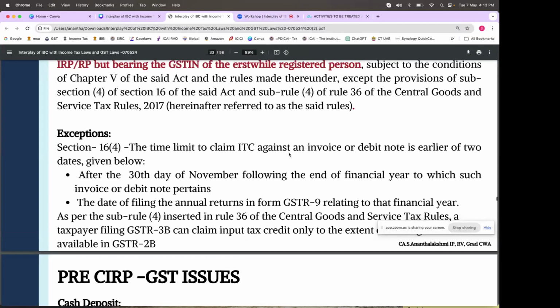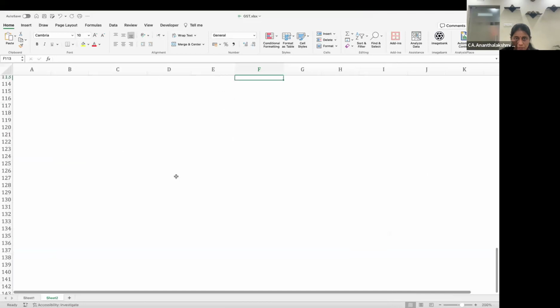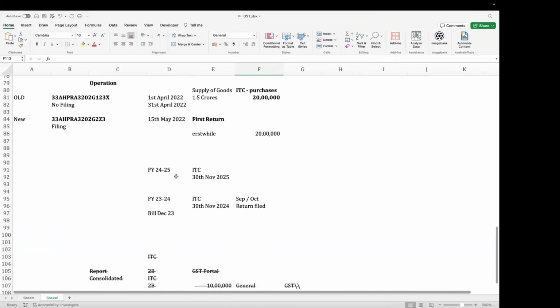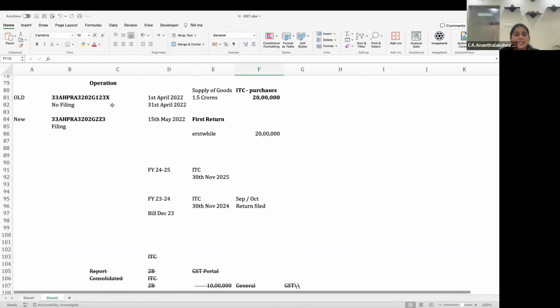Now I have some question. First one is, is registration mandatory even for an entity which is not working? Yes, sir, it is required because it doesn't stop here. Suppose the company doesn't complete with CIRP and goes to liquidation, again, when you are selling assets individually, you are liable to pay GST.